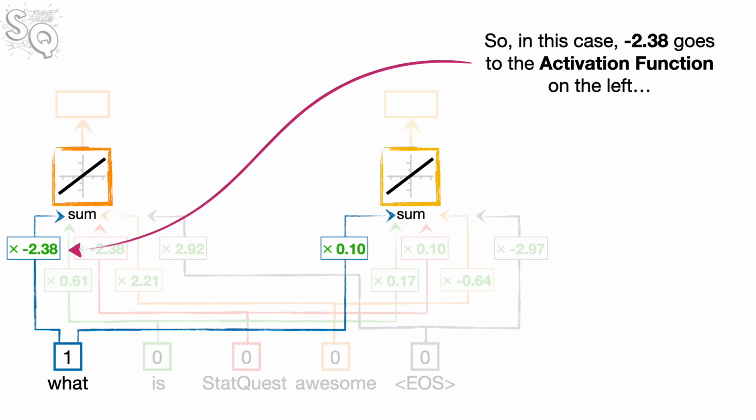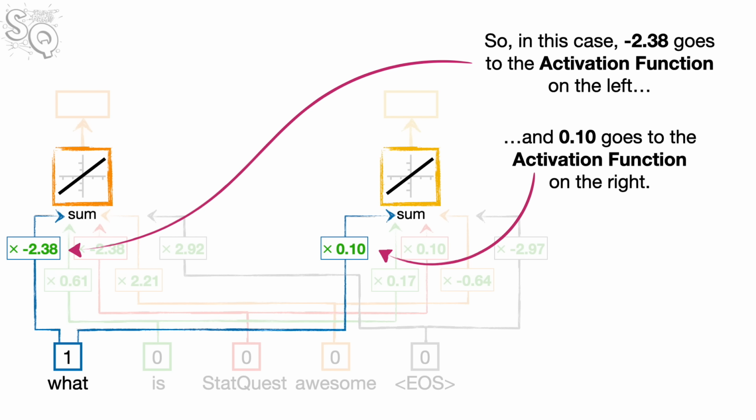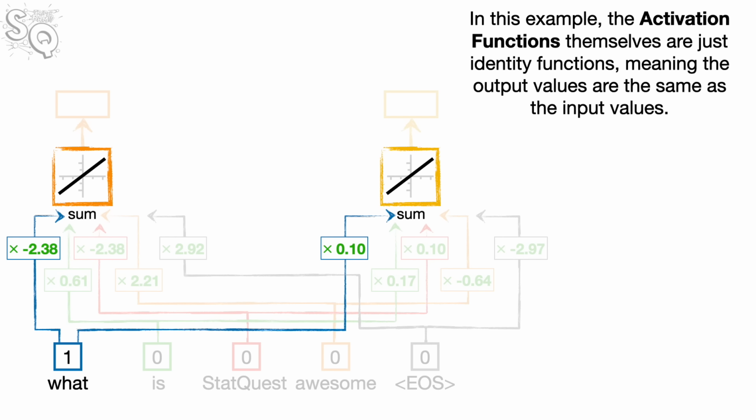So, in this case, negative 2.38 goes to the activation function on the left, and 0.10 goes to the activation function on the right. In this example, the activation functions themselves are just identity functions, meaning the output values are the same as the input values.